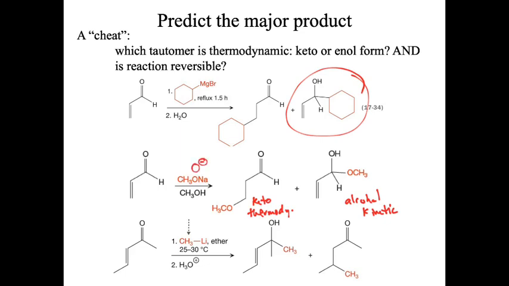A negative oxygen. And we're comparing that to a negative oxygen, which says thermodynamic. There's no difference in stability for those, so I'm going to favor the thermodynamic product. Okay? It takes practice.